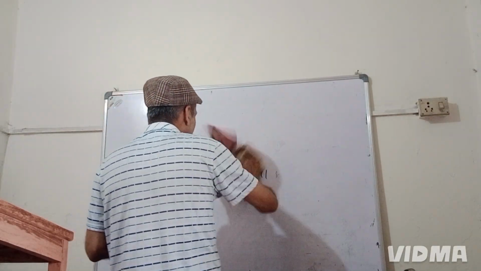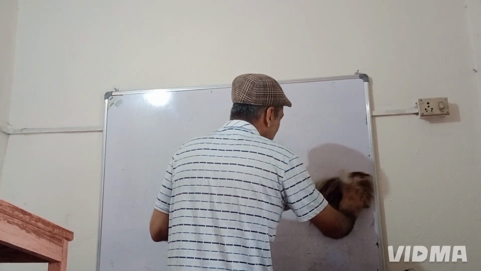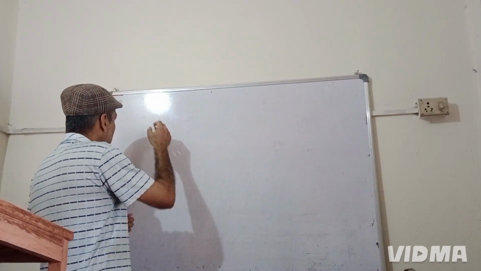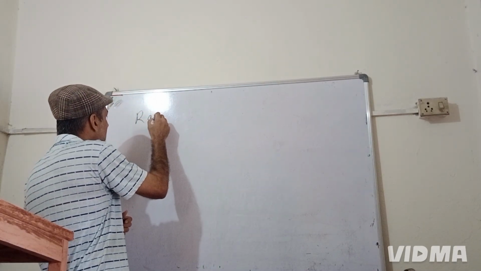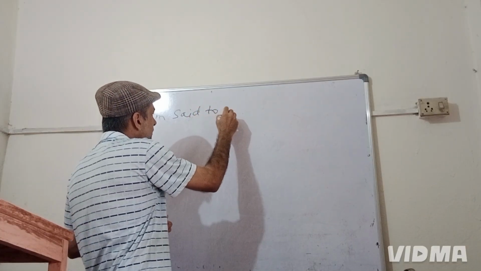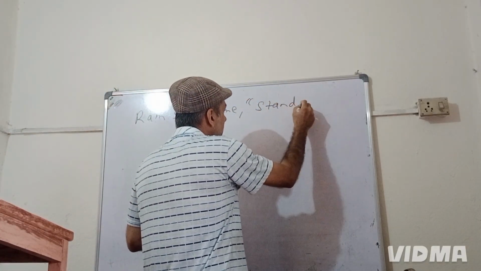According to the nature of the reported speech, we have to change in the case of imperative sentences. Now the nature is an order. Ram said to me, stand up. It is an order.